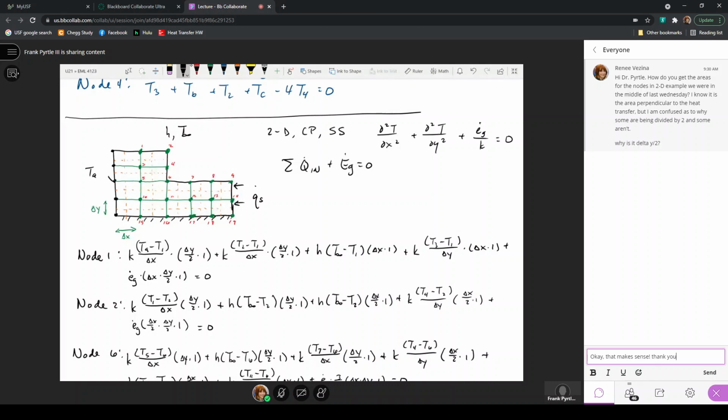This is a delta y over 2 tall by delta x over 2 wide times a unit 1 into the page. So in this expression of the generation, I'm writing out the actual lengths. This is 1/4 of delta x by delta y, if I just multiply these two terms together and then multiply by unit 1.